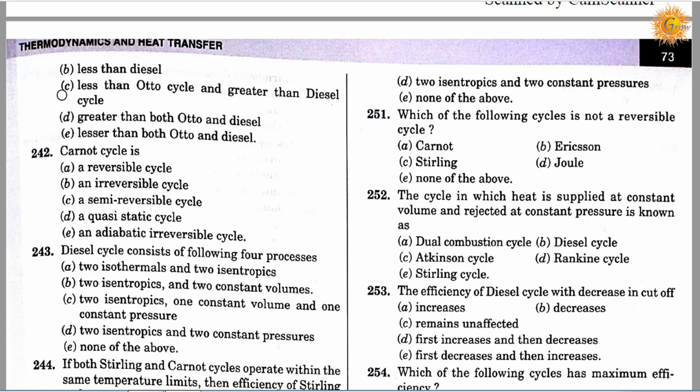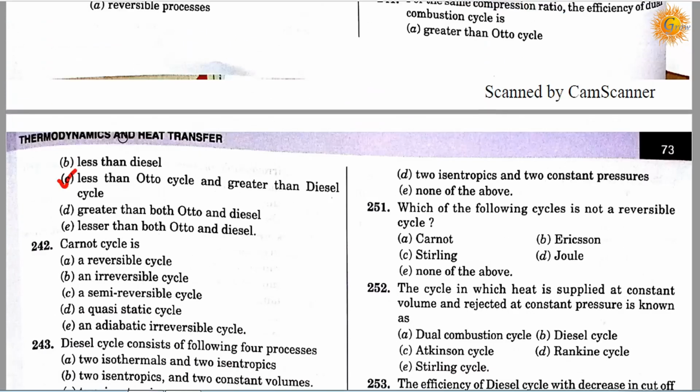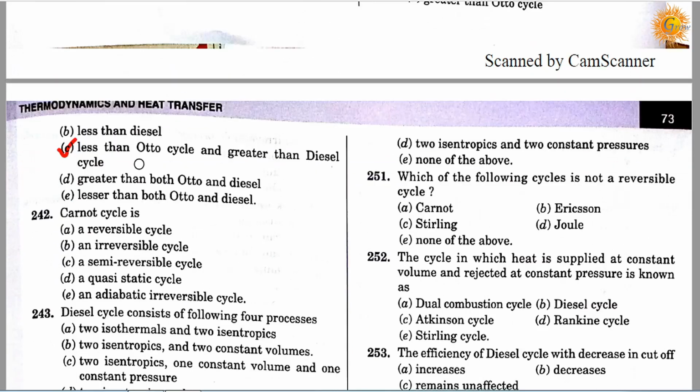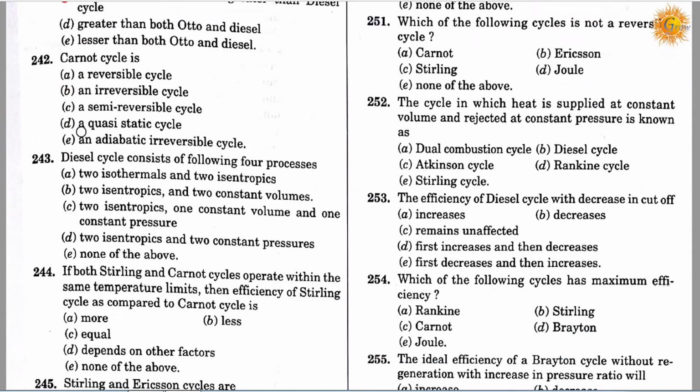Correct answer is C. It means for the same compression ratio, the efficiency of a dual combustion cycle is less than Otto cycle and greater than diesel cycle.